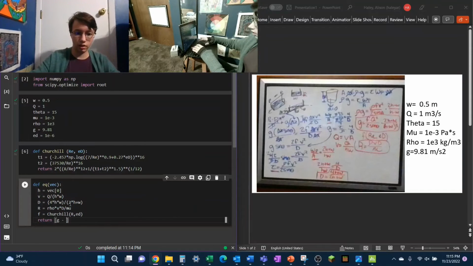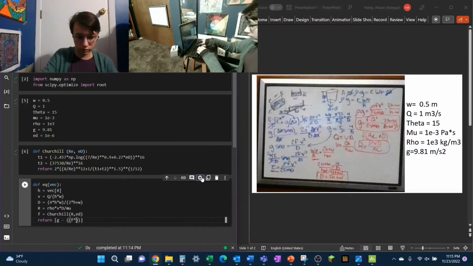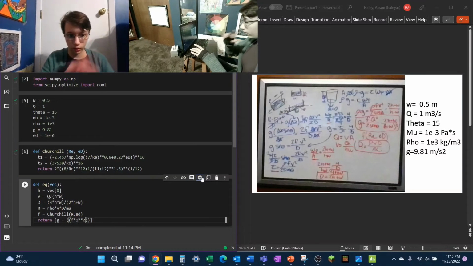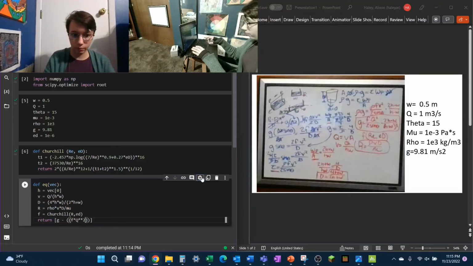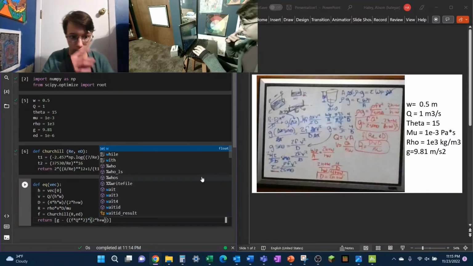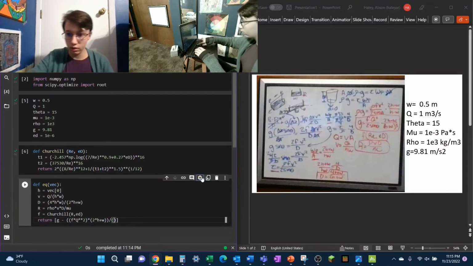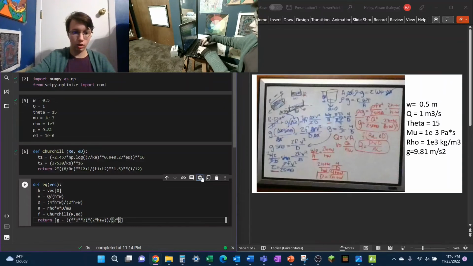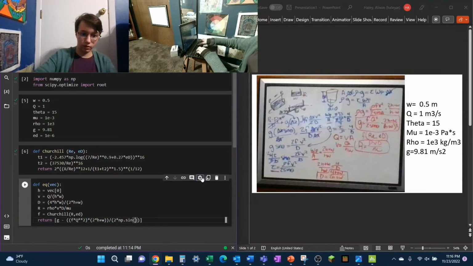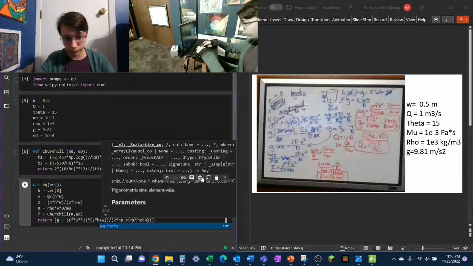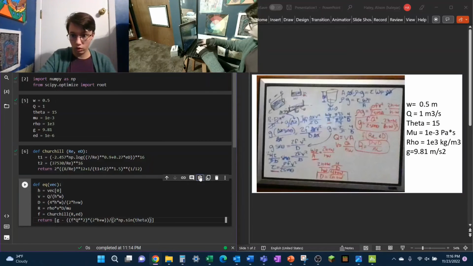So we have g minus, alright, so then we have numerator, we've got f times Q squared times W. This numerator divided by denominator, which is 2 times sine of theta times H times W to the third.